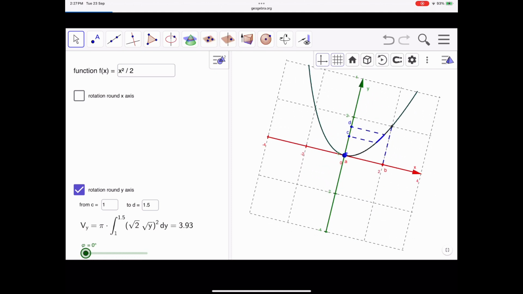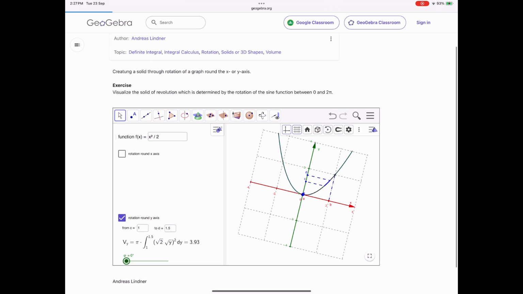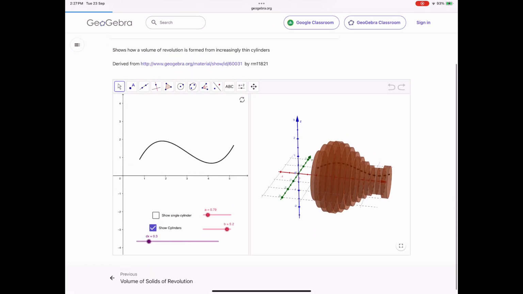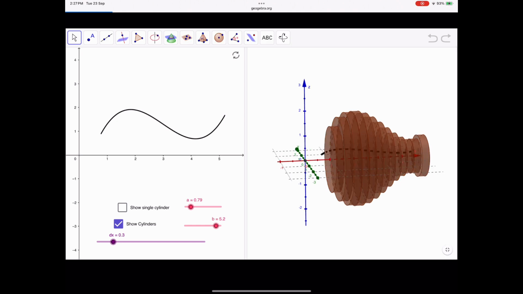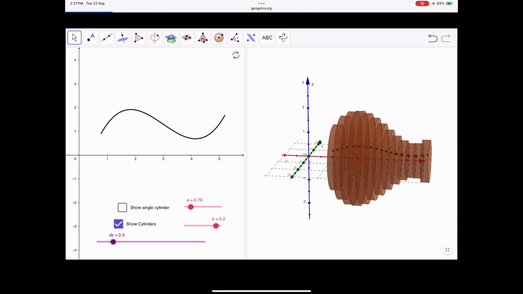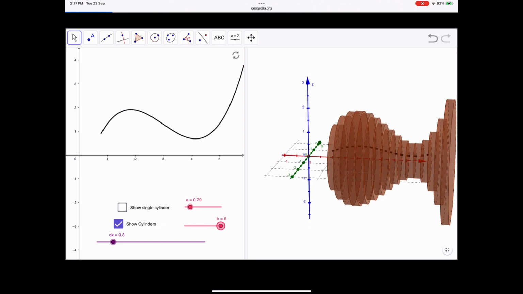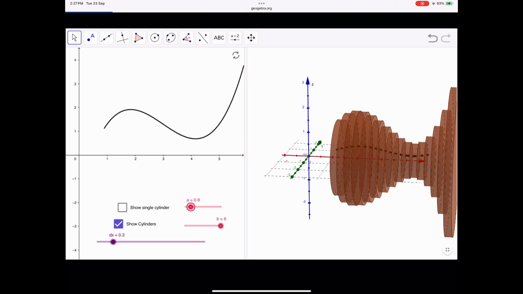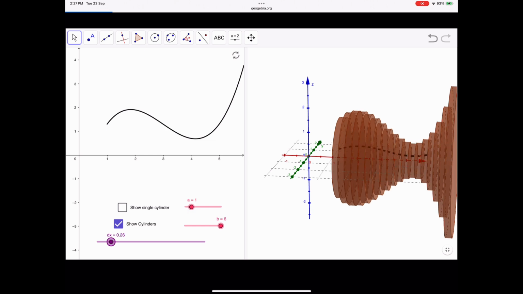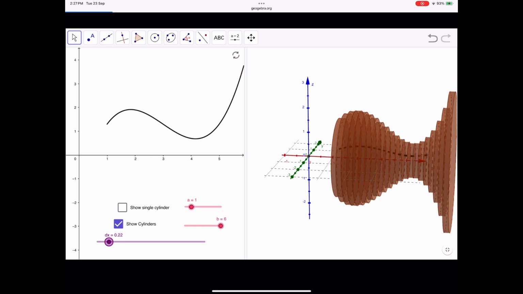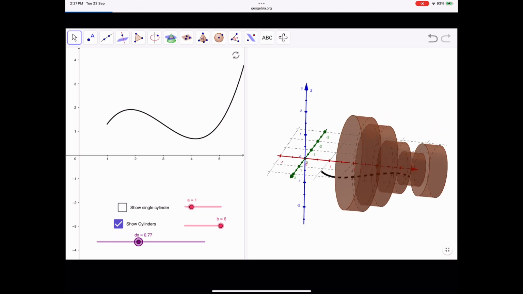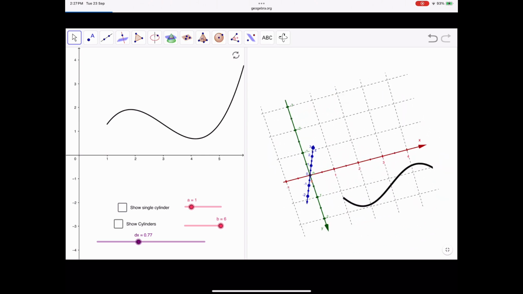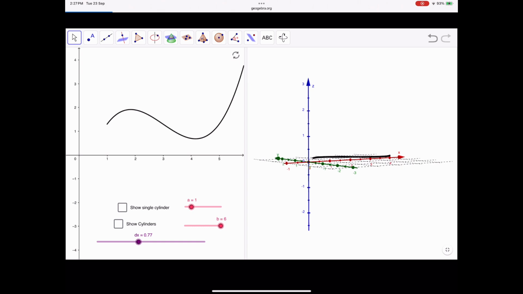And as for why we do this sort of integration stuff with cylinders and stuff, we can show you with this sort of demo here. So on the left you can see the curve that we have.